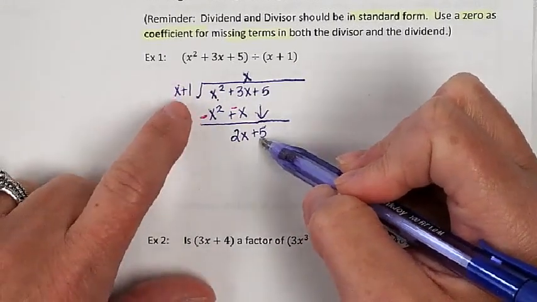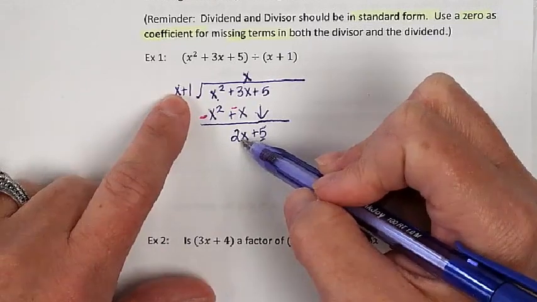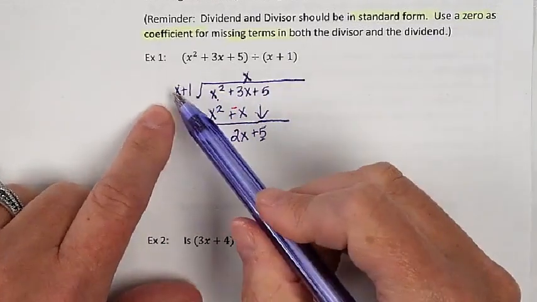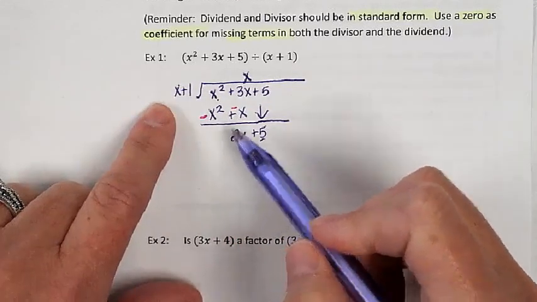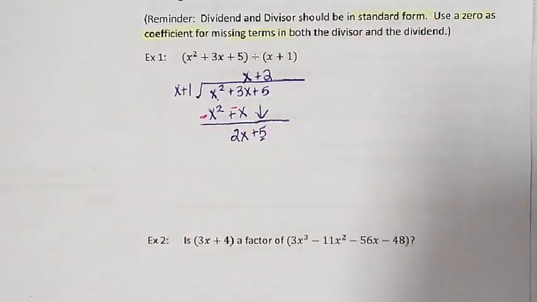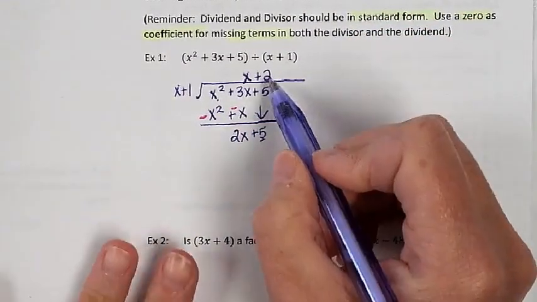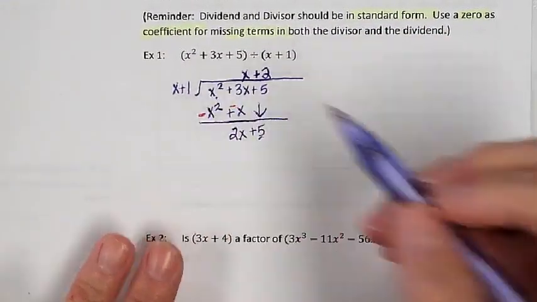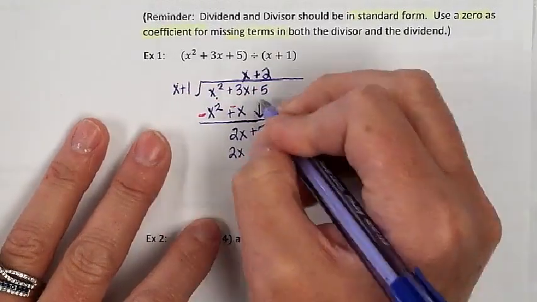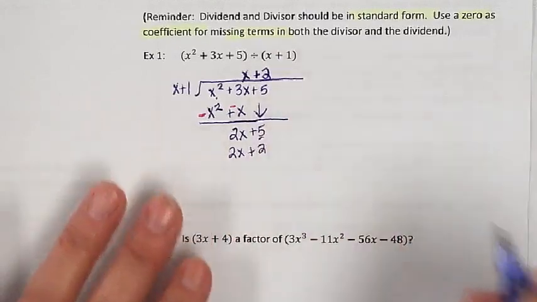Now, you're looking at the x and then the 2x. So, what do we need to multiply x by to get to 2x? 2. So we're going to put a plus 2 up here. Now we're going to multiply 2 times the entire x plus 1. So 2 times x is 2x. 2 times 1 is 2.